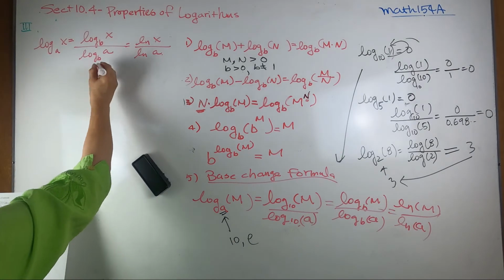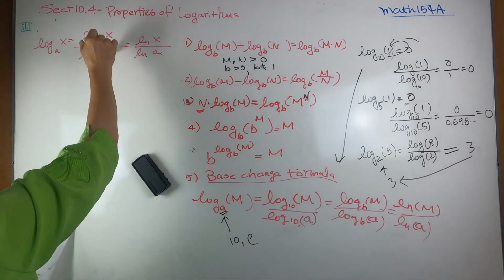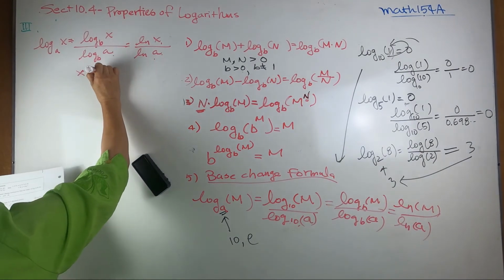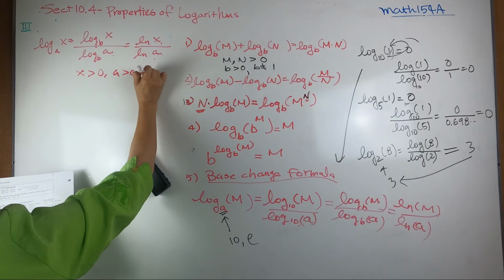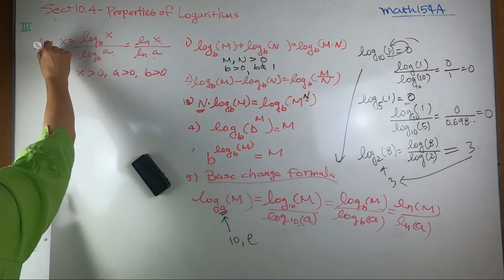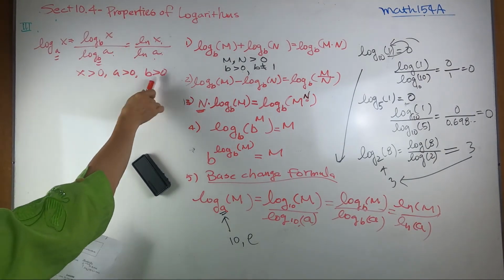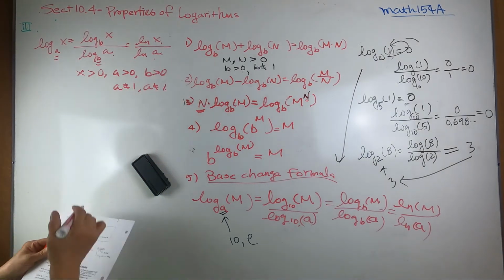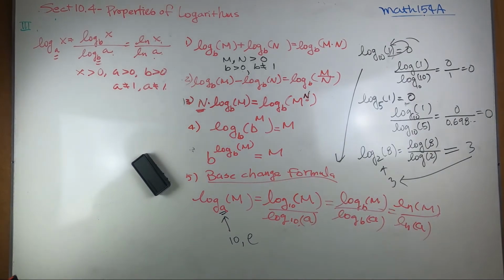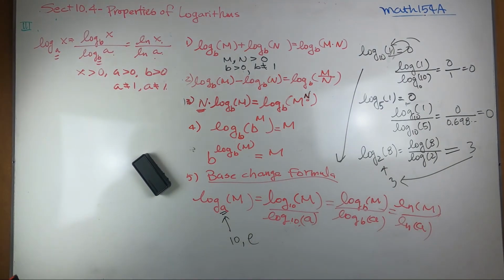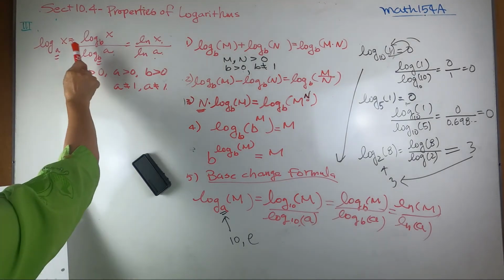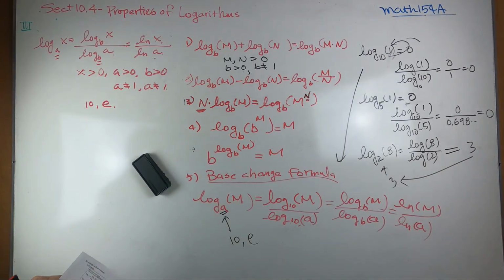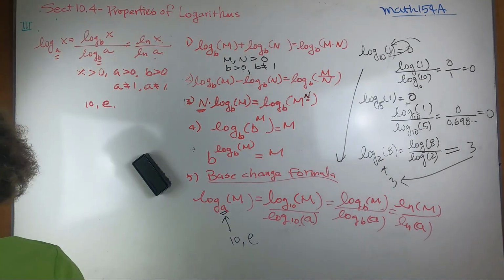We know that inside the log has to be bigger than 0. So A is bigger than 0, B is bigger than 0. At the same time, if they are bases, they are bigger than 0 and they cannot be 1. Those are restrictions, right? When the base A is other than 10 and e, we use the base change formula.